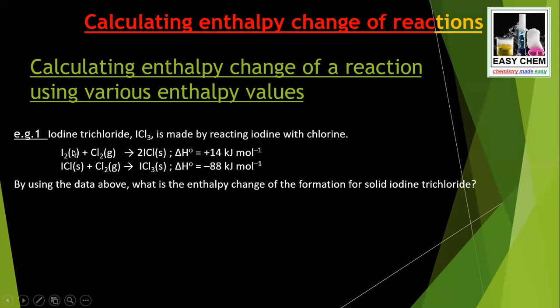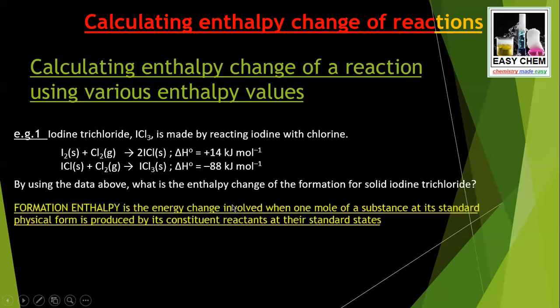First, iodine solid can react with chlorine to produce 2 iodine monochloride. Enthalpy value is given for that. Afterward, this iodine monochloride is reacted with more chlorine to produce ICl3. By using data above, what is the enthalpy change of the formation of solid iodine trichloride?